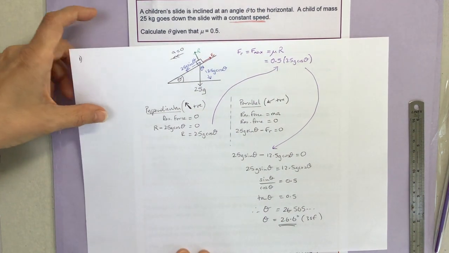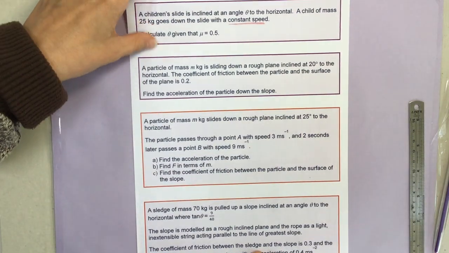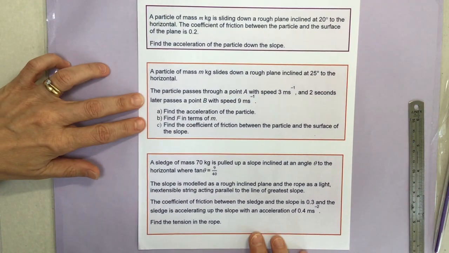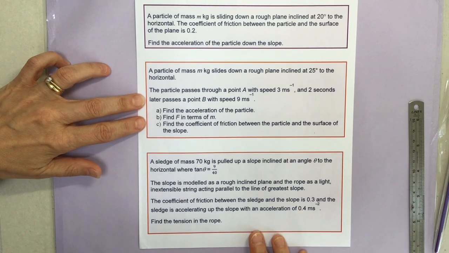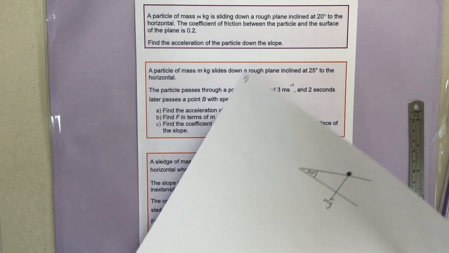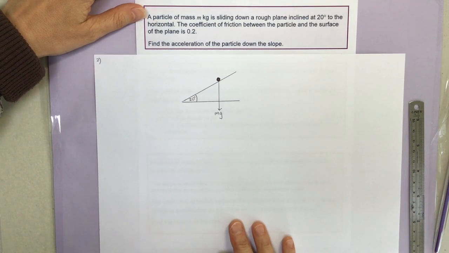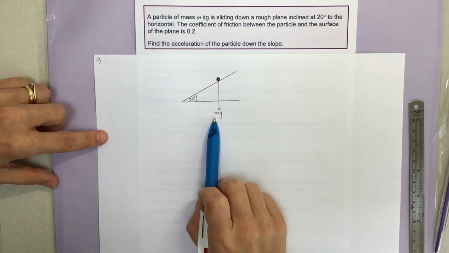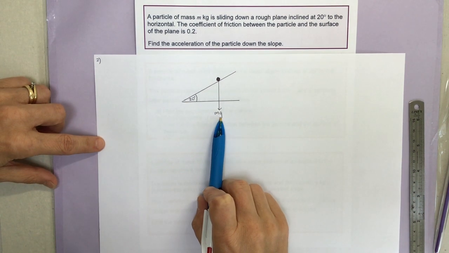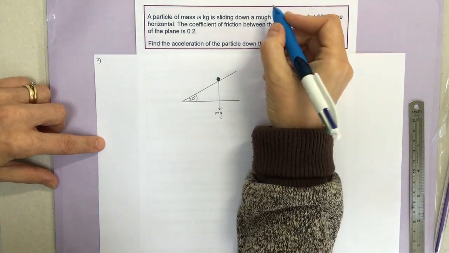Okay, let's have a look at question 2. I'm just going to move this up. So question 2 now. We've got a particle of mass m, so weight mg, sliding down a rough plane, again sliding down now, and rough, so there's a really important word there.